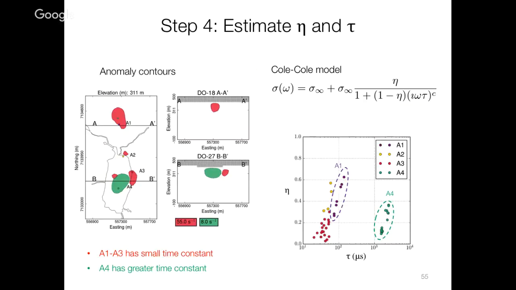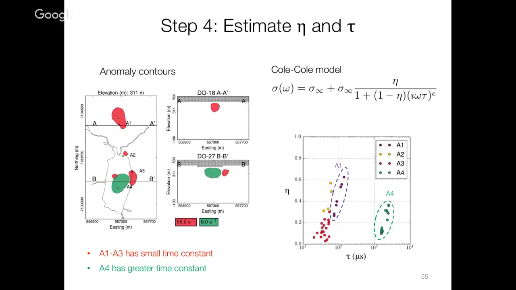So let's take maybe 8 or 9 pixels that are right in the center, and we invert those on chargeability and tau. We're going to fix C in this case. So we're going to look for chargeability and tau. Then we get these purple guys here. So these are the estimates of chargeability and a time constant.